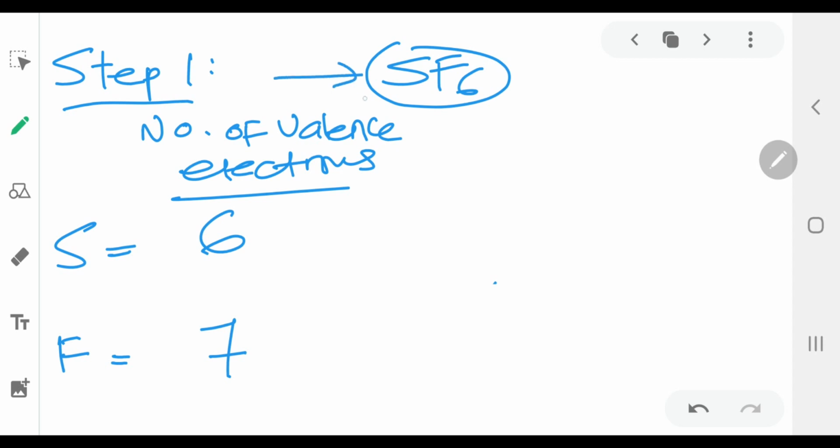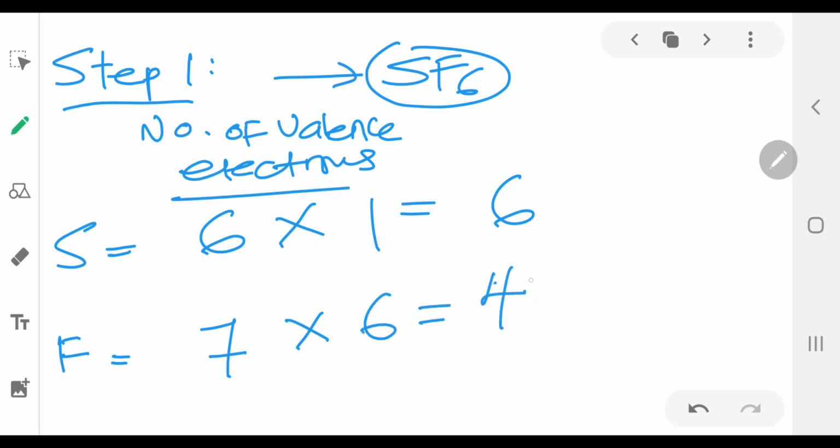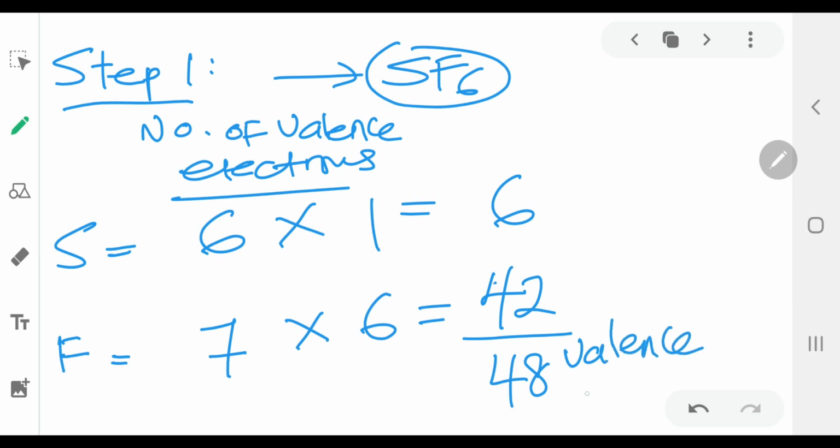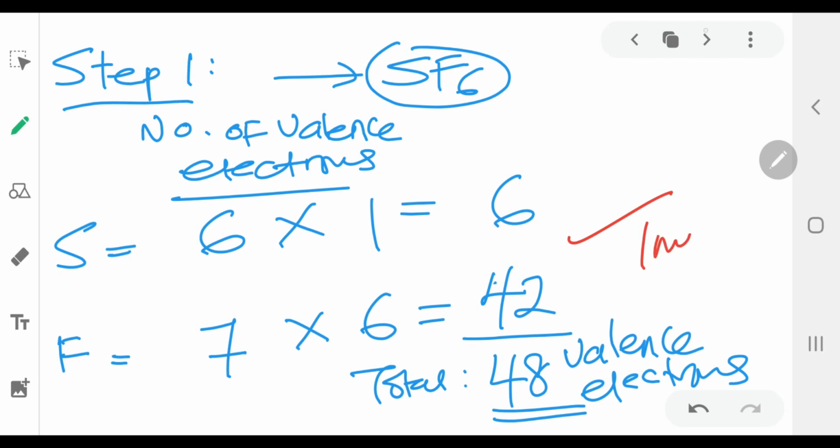To make SF6, you need 1 sulfur atom, that will be 6, and 6 fluorine atoms, that will be 42. Okay, so you will have 48 valence electrons in total. So you will get 1 mark right there.